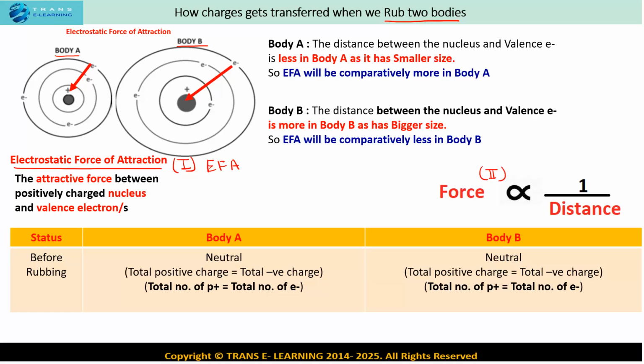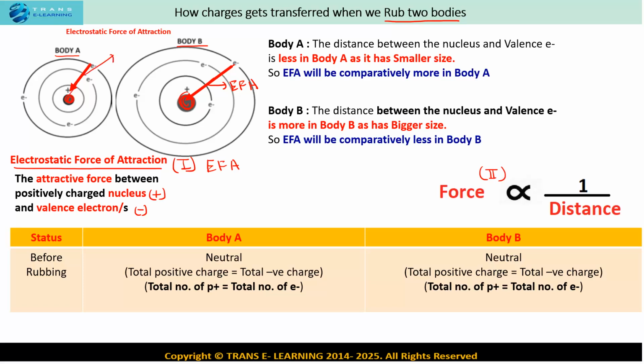The attractive force between the positively charged nucleus and the valence electrons is known as the electrostatic force of attraction. You can see here, this attractive force between the nucleus and these valence electrons is the electrostatic force of attraction. In this case, this is the nucleus and this is the valence electron.